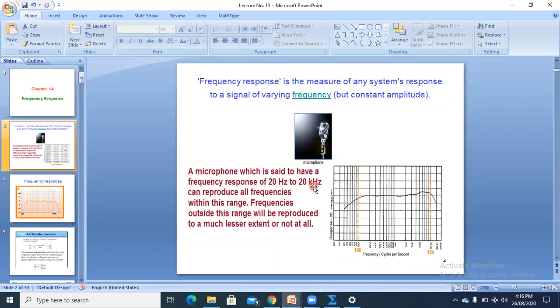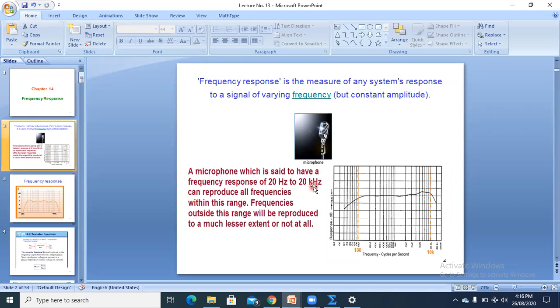So for any circuit, we can analyze the behavior by considering the input voltage and the output voltage, the input current and the output current, and the power delivered and the power dissipated.